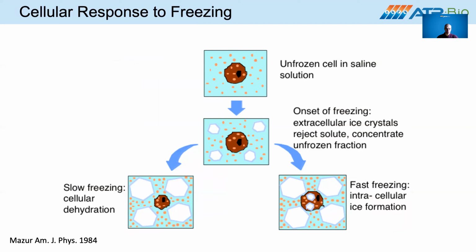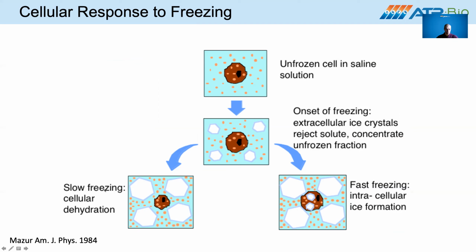So this is a cartoon, put together by David Smith during his PhD in my lab. What you see is a cell originally unfrozen in solution. As the ice forms, the ice is pure water, and it begins to concentrate the solutes, which are these little orange particles.